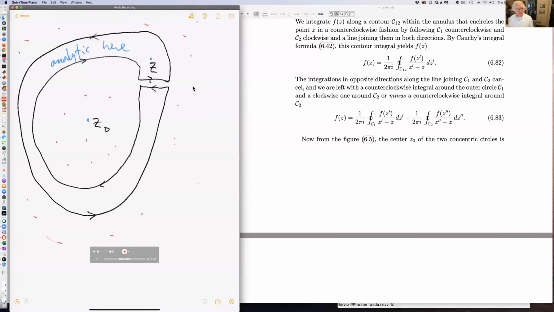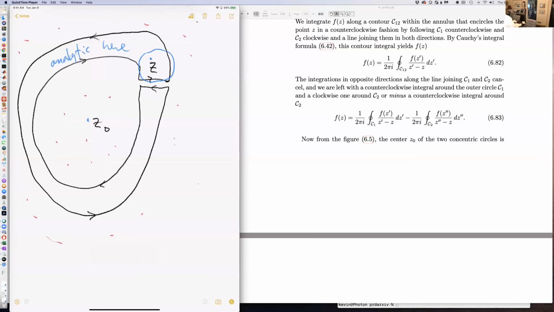So what do we have when we do this integral? If we're integrating f of z prime over z prime minus z, going around this crazy contour, we have gone effectively once counterclockwise around the point z. In other words, we could shift this contour back until it was just this.